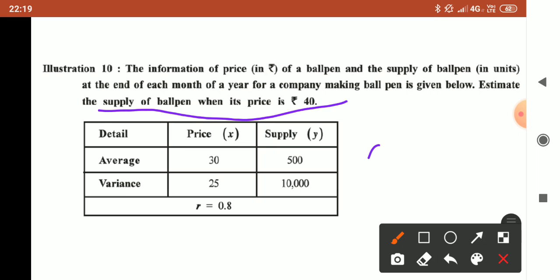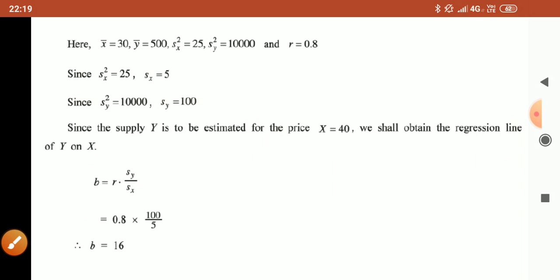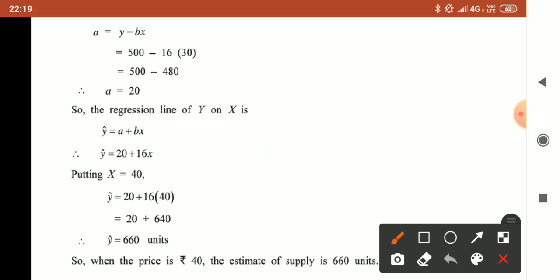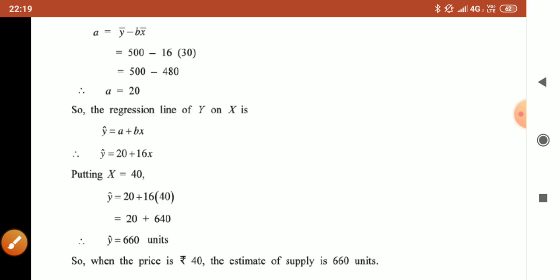Here price means x, so x equals 40, and you have to find y cap when x equals 40. Putting x equals 40, we have estimated y cap. Your answer is 660.